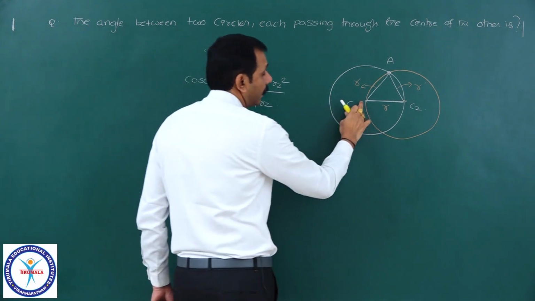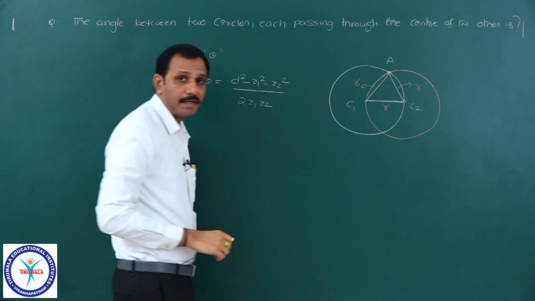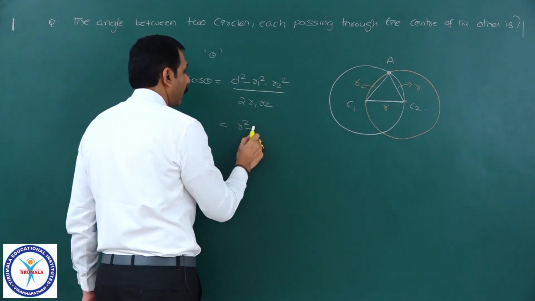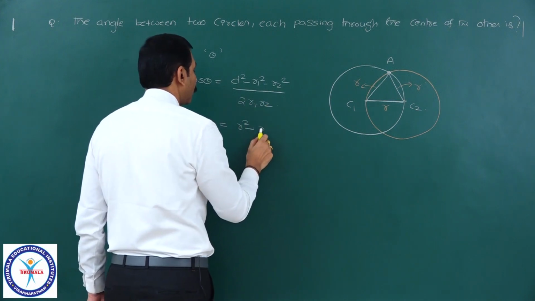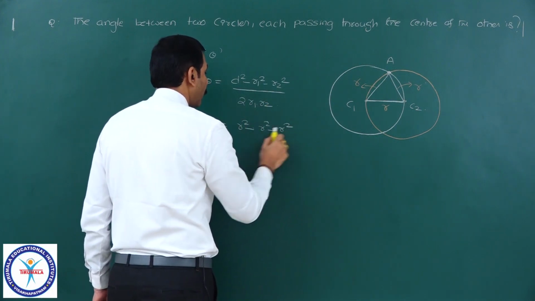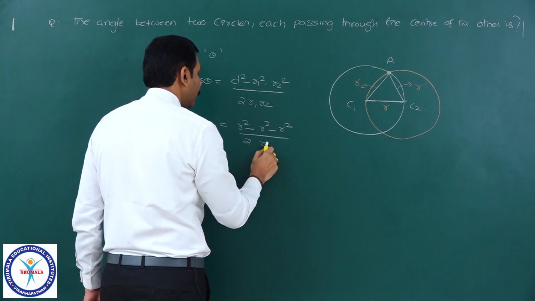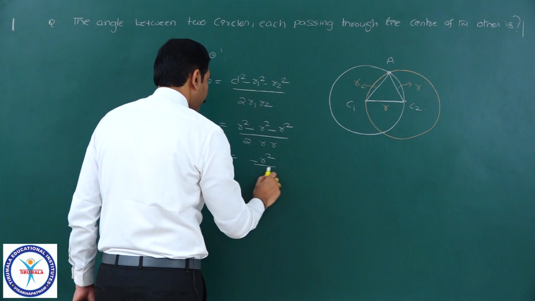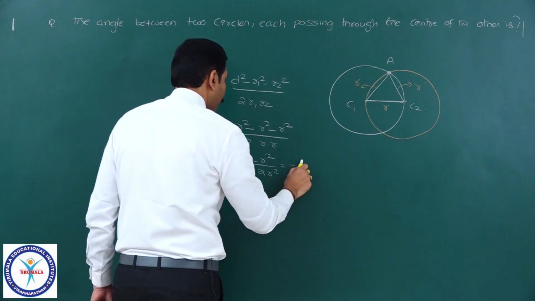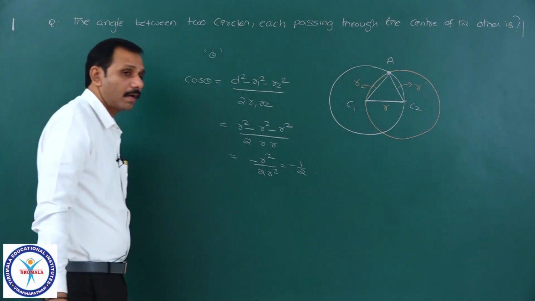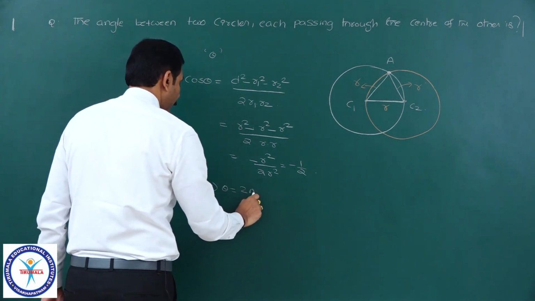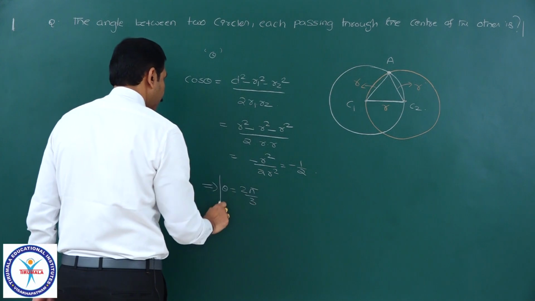What is d? d is the distance between the centers, which is a radius only, R. r1 is R and r2 is also R. So cos theta is equal to R square minus R square minus R square by 2R square, which is minus 1 by 2. Cos theta equal to minus 1 by 2 means theta is equal to 2 pi by 3, that is 120 degrees.